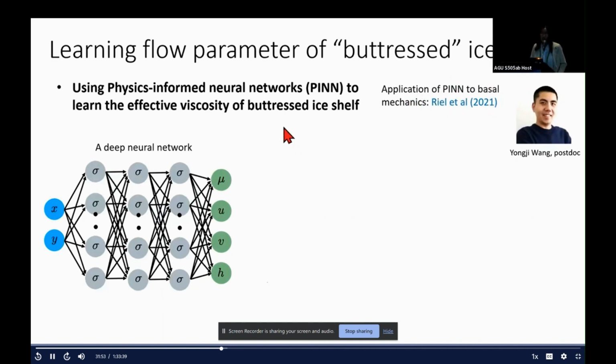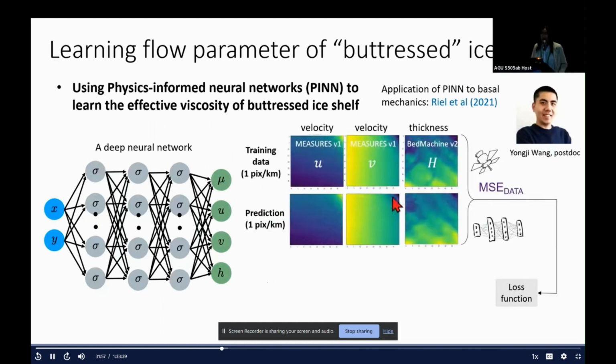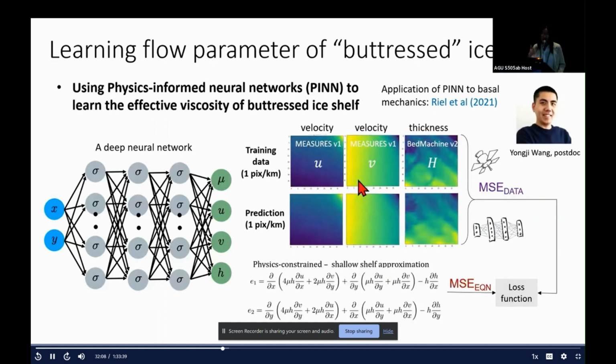Okay, so here Yongji used a physics-informed neural network to learn the velocity and thickness patterns that closely approximate the velocity and thickness data. And at the same time, we evaluate how closely the neural network predictions satisfy the shallow shelf equations.